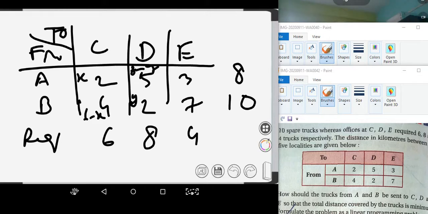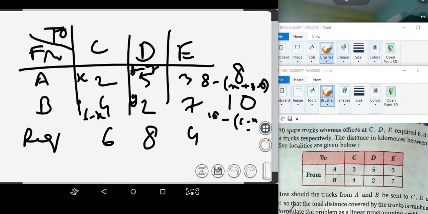A has a total of 8 trucks, and x and 8 minus y have already been given, so E will be 8 minus the bracket x plus 8 minus y, and for B it can be obtained as 10 minus 6 minus x plus y.